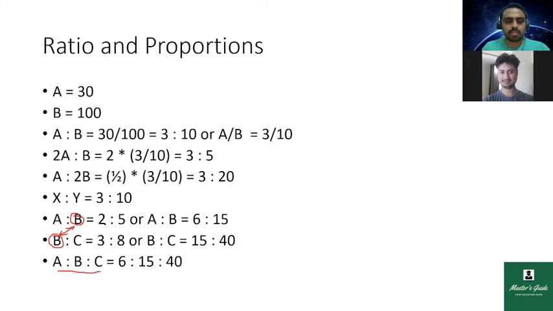So B is the common one. So 5 and 3, you need to make sure that you get it to the same number.